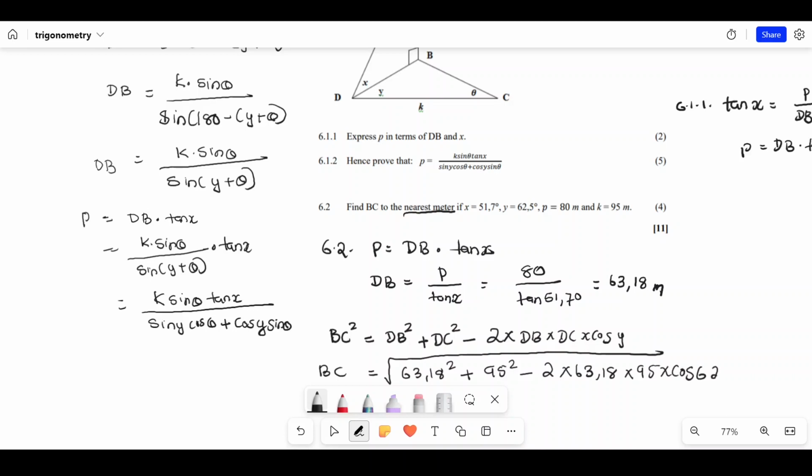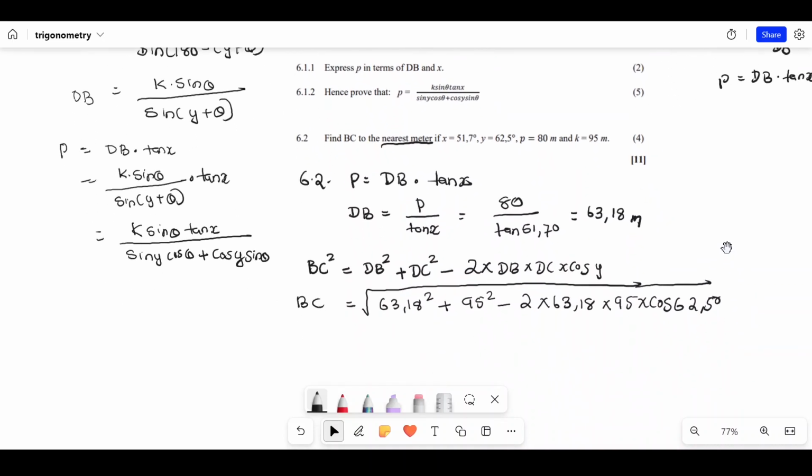Y is 62,5 degrees. Okay. Put everything in one step in the calculator and you will get 86,45, but to the nearest meter, the nearest meter is 86 meters. That is the final answer.